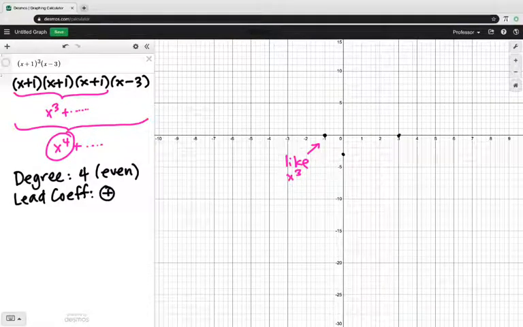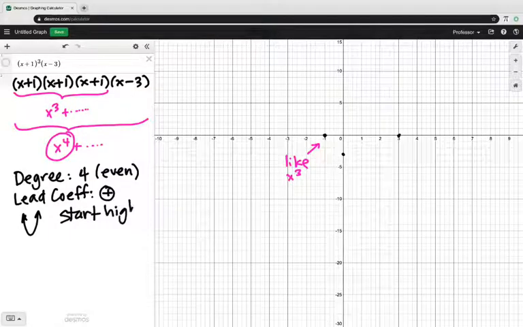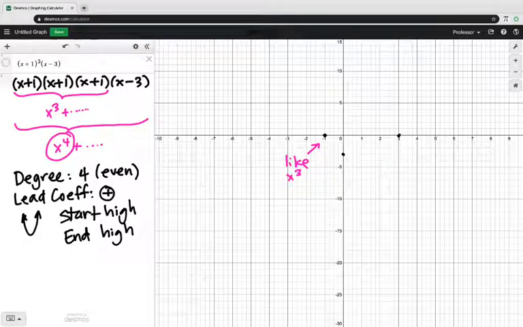So this is going to behave just like positive x squared. It's going to start high and it's going to end high, because x squared is an even degreed polynomial with a positive leading coefficient. Okay, so I'm going to put my reminder arrows that I need to start high and I need to end high.